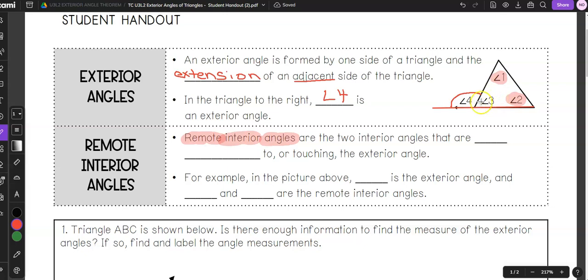Do you see how angle 3 is beside angle 4? Angles 3 and 4 are what we call adjacent angles. So angle 3 is not involved in this equation. I'm just going to mark it out. Angles 1 and 2 are called remote interior angles. Remote means far away, right? Remote means if I'm using a remote control, that means I'm controlling something that's away from me, right?